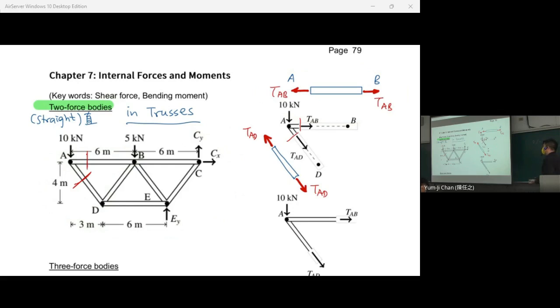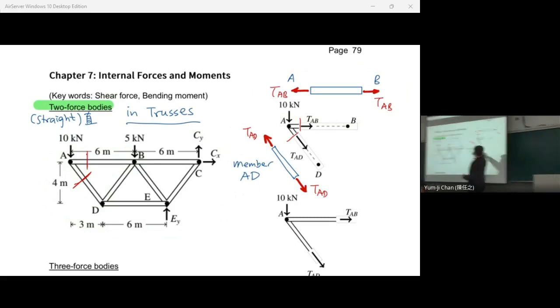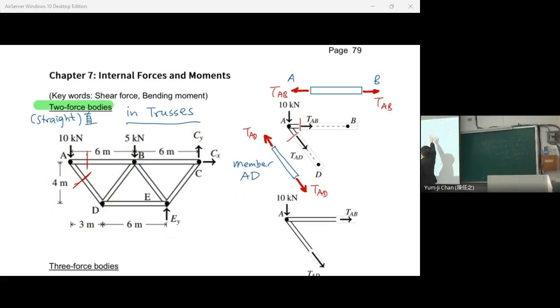These are for trusses, and in trusses we have straight two force bodies. Each member, for example member AD, is a two force body. All forces act on 2 points. Two force body here, two force body there.